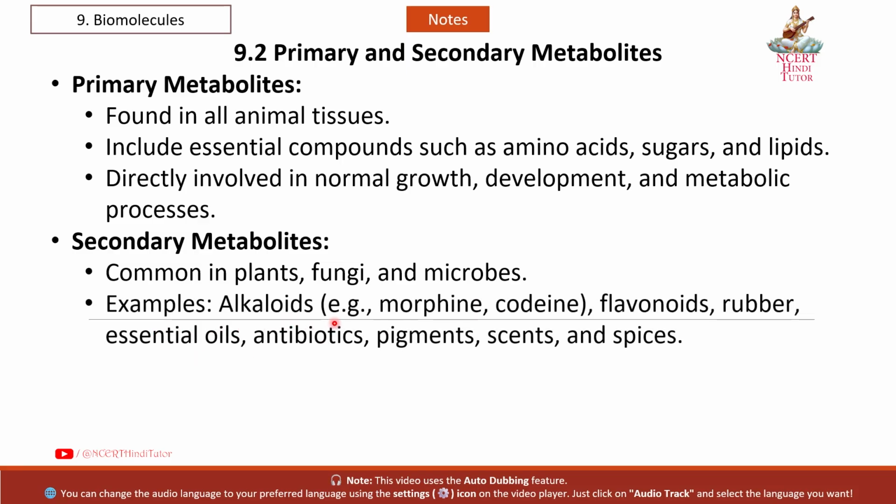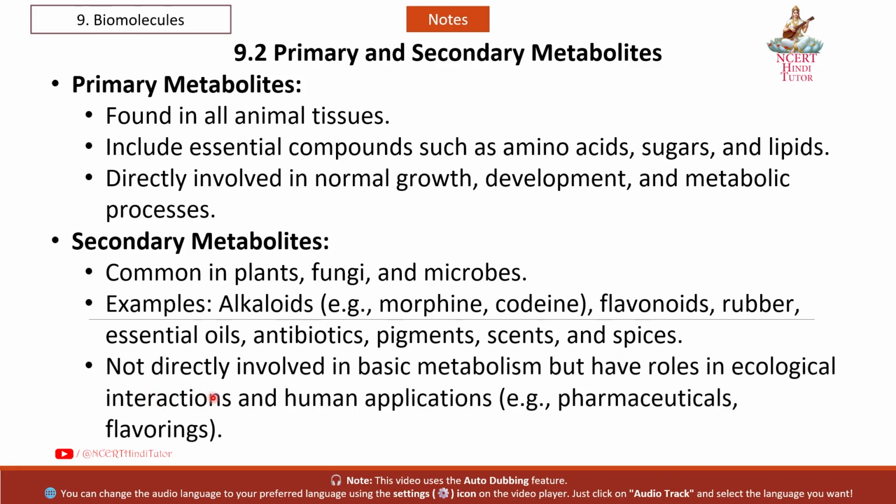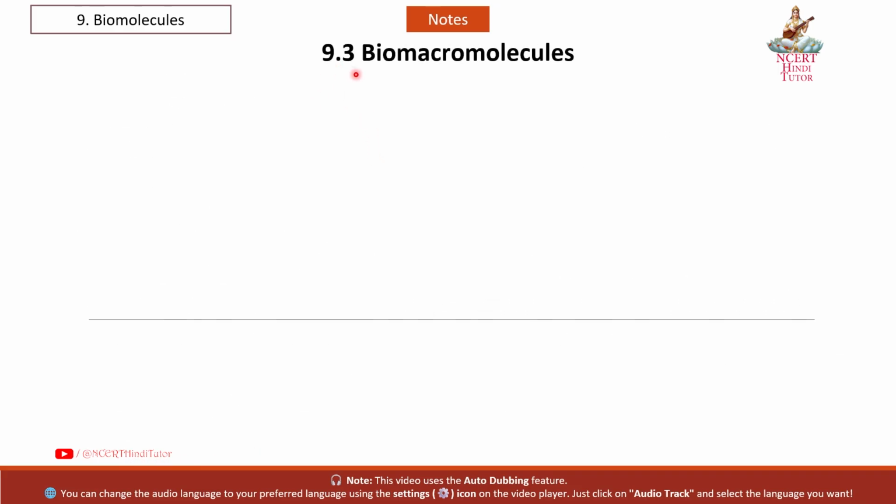Examples: alkaloids, for example morphine, codeine, flavonoids, rubber, essential oils, antibiotics, pigments, scents, and spices. Not directly involved in basic metabolism but have roles in ecological interactions and human applications. Example: pharmaceuticals, flavorings.